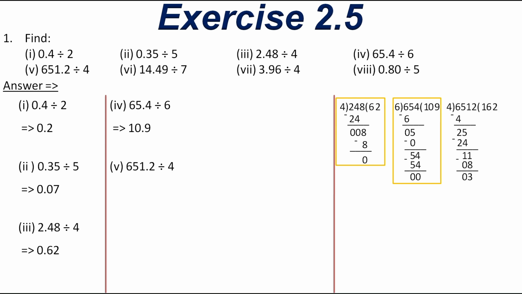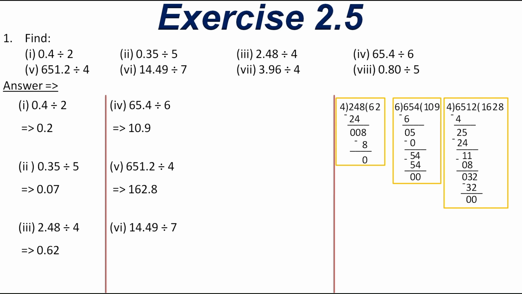So we got 3. Now 2 came down. Now 4 8s are 32. So we got the answer as 1628. But in the question the decimal point is present just before one digit. Therefore the answer will become 162.8. Okay.